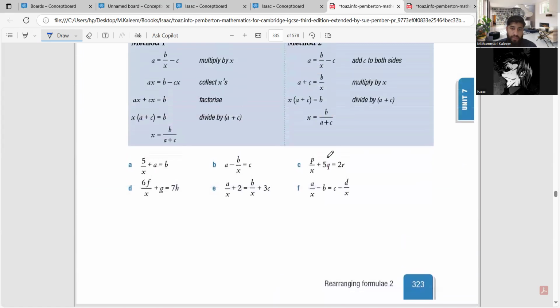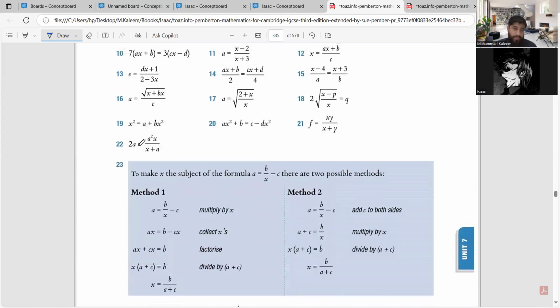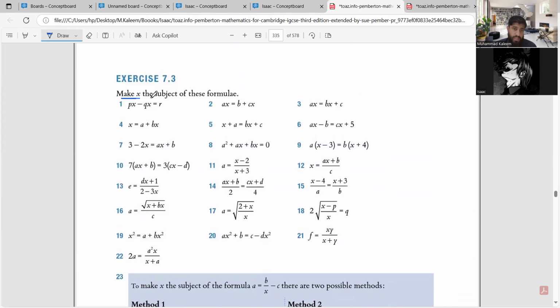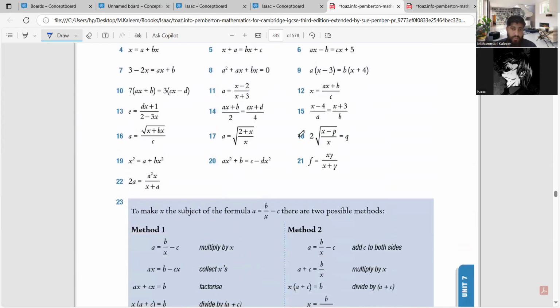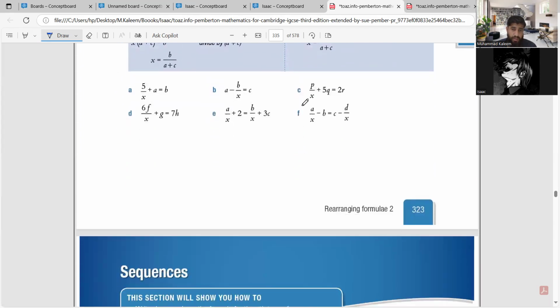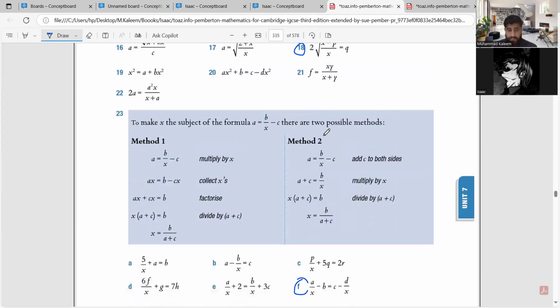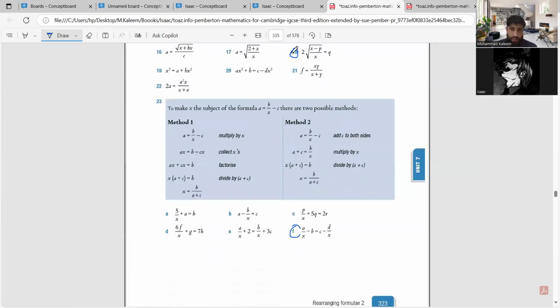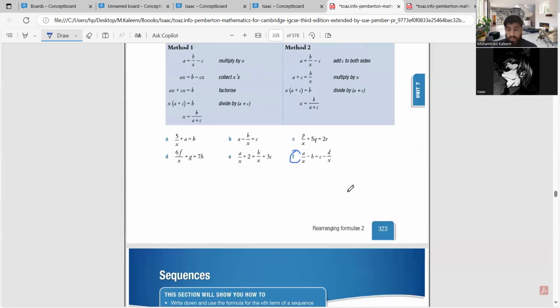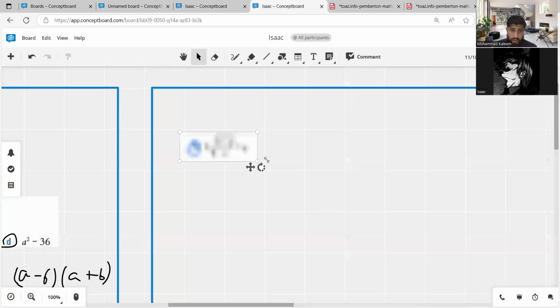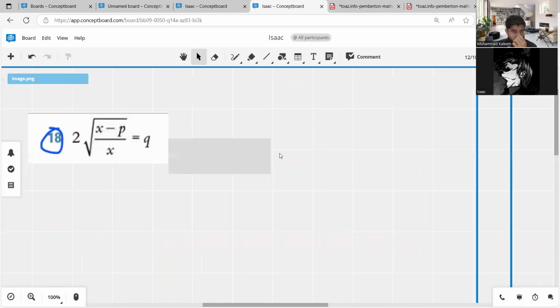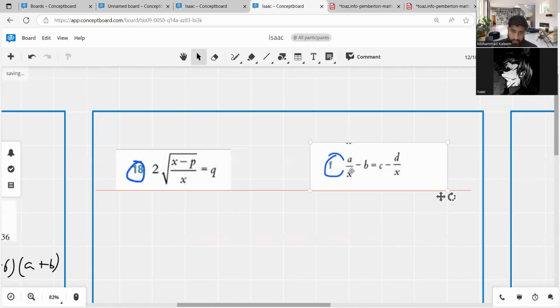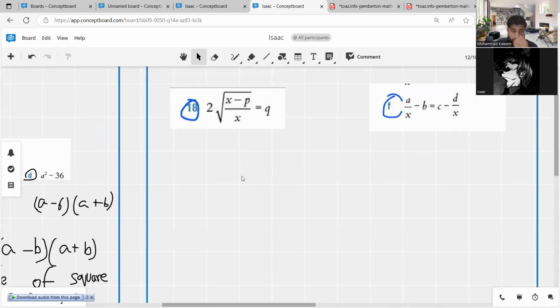Just for proof, you have to solve two questions. Here we have to make x the subject. You need to solve question number 18 and F for proof, if you are already good in it. It's page number 323 in the book. Solve this one quickly.